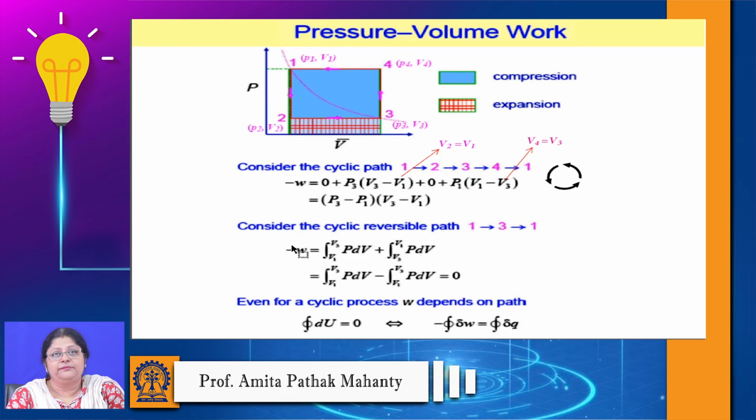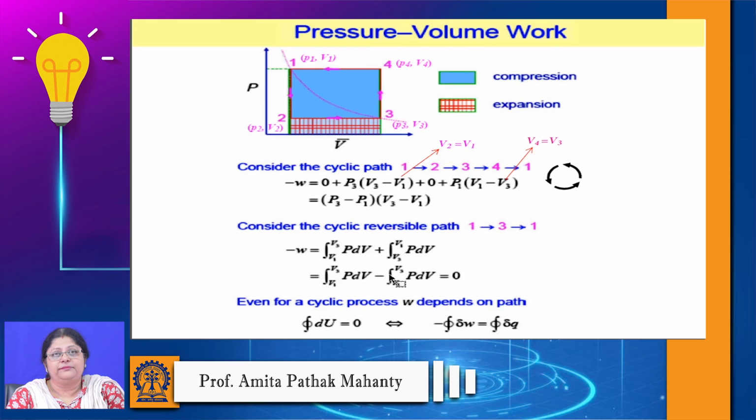So for W, if you take the minus sign outside, it is V1 to V3, and the return is going to be V3 to V1. It will be just the opposite, so they will cancel off and it becomes 0. So you see, work may become 0. That is what I'm trying to say. If it's a reversible cyclic path, the work may become 0, but not necessarily in all conditions.